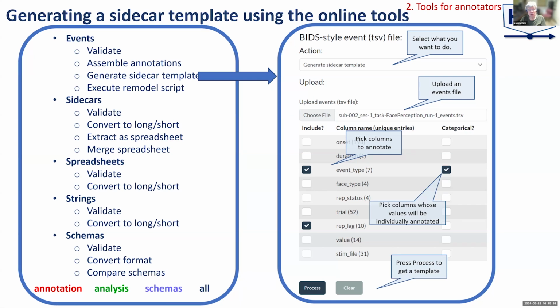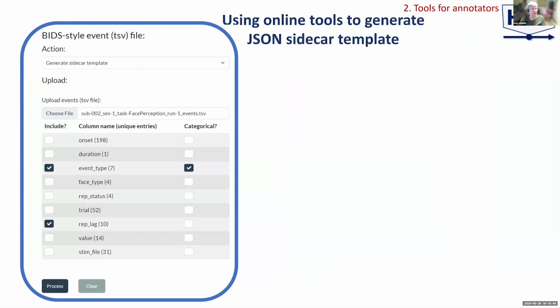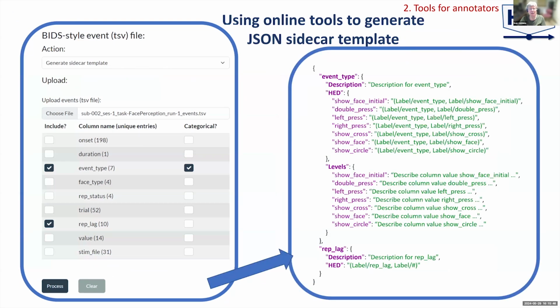So then you press process and you get a template. The template looks like this. What I selected in the previous slide, event type, had 7 unique values. Here they are, and it produces dummy HED annotations for these categorical annotations.